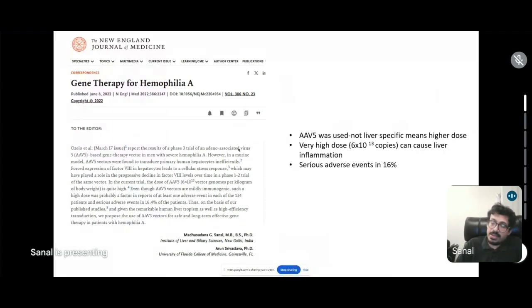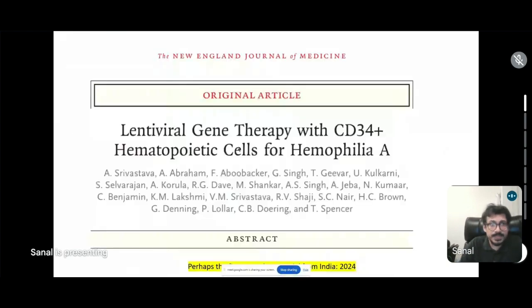So instead of using AAV3, they used AAV5, which means the affinity of the virus to liver is low. So to compensate for that, they had to use a very high dose of 6 times 10 to the power of 13 copies, and this can cause liver inflammation. Serious adverse events were found in 16% of the patients who underwent treatment.